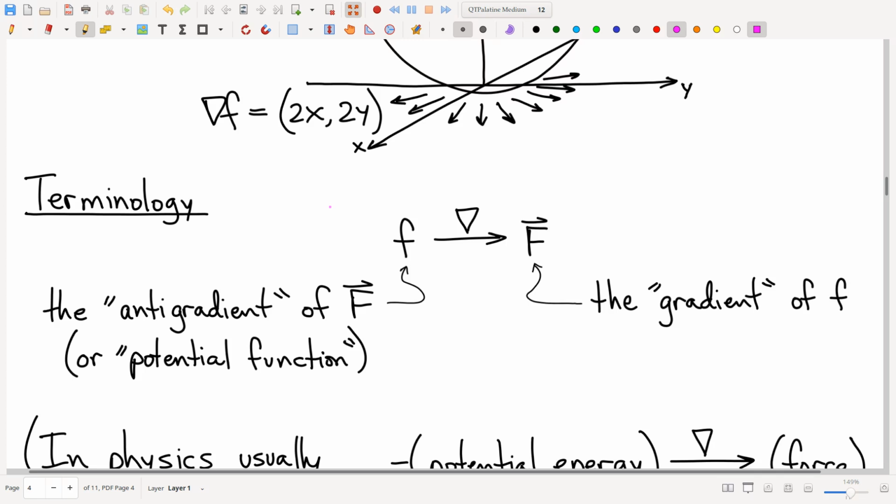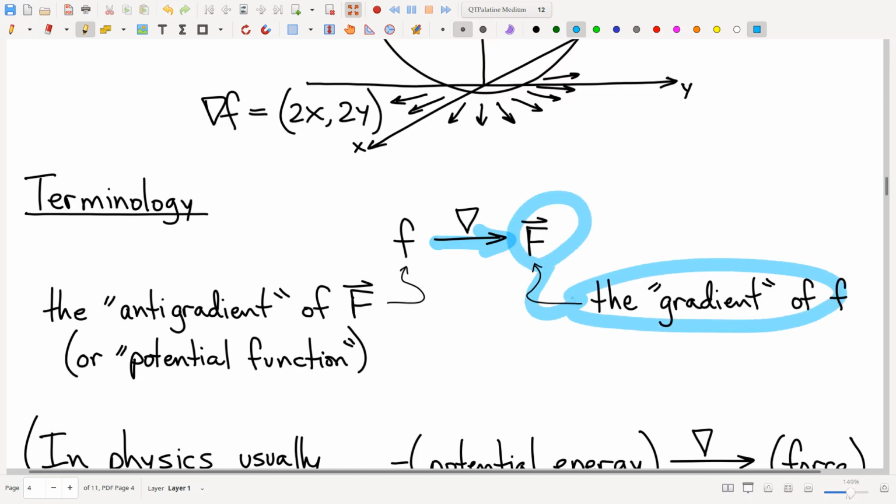And then you can go the other way, and that's called the antiderivative. Right? Well, we already know gradients are kinds of derivatives. So I think when you take the gradient, the resulting thing should be called the gradient of little f, in this case, whatever you're taking the gradient of.